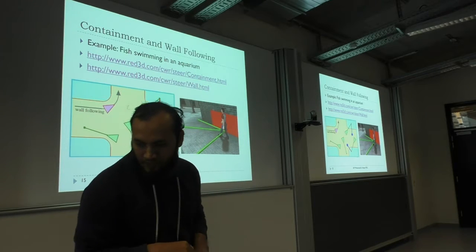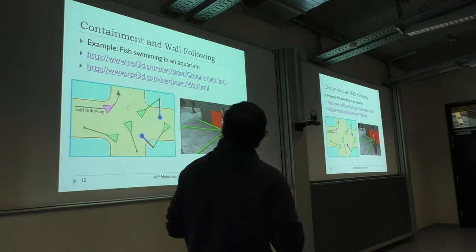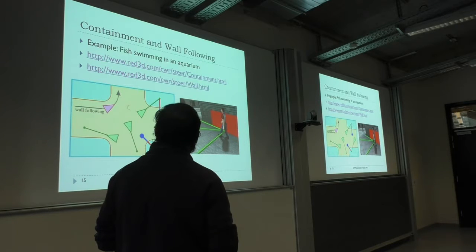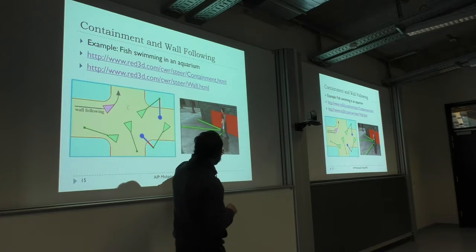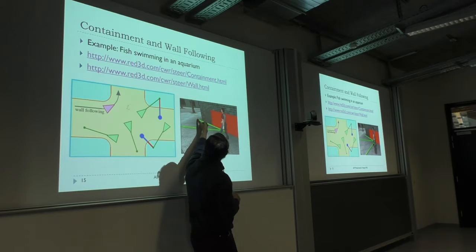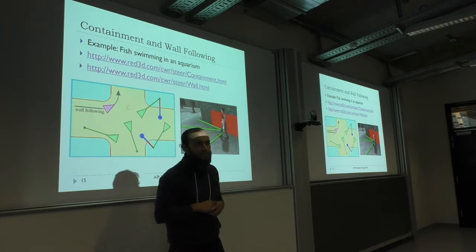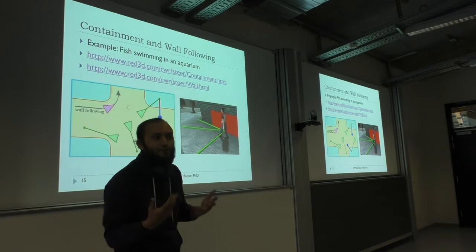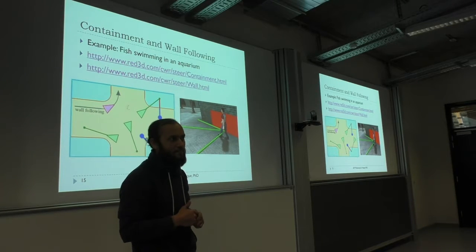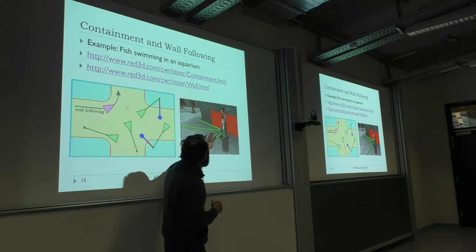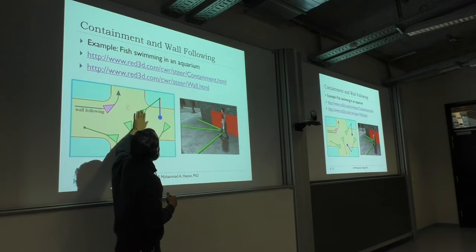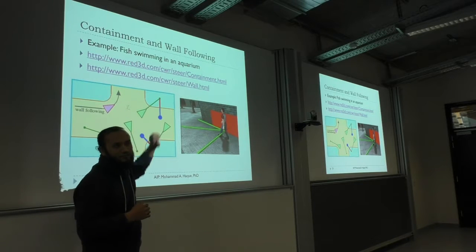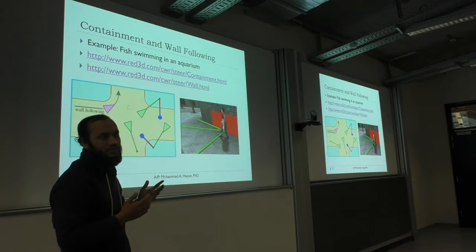Now, containment and wall following. What is that? See, this guy, maybe you want to go in this direction and then he will go this way. Then we can say that he is following the wall. Here you can see the wall and one person, and here you can see a similar kind of wall, but with just an unknown object, your intelligent agent.